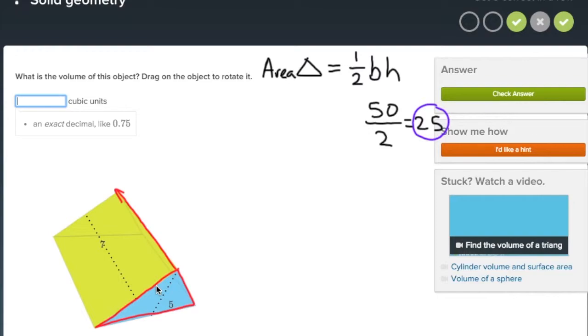So I just need to multiply my 25 times 7. That gives me 175. So the volume of this particular object is 175 cubic units.